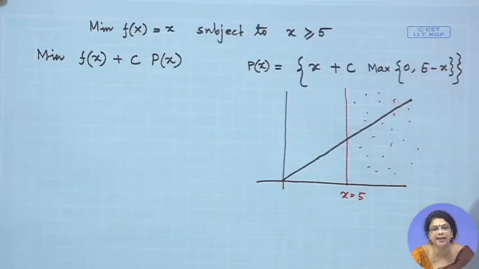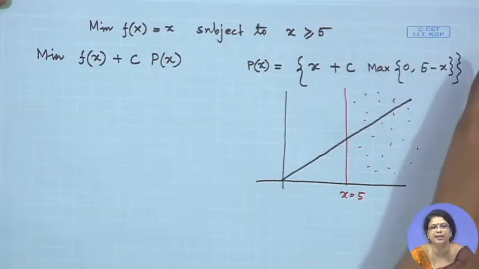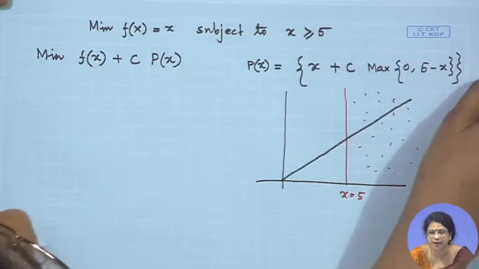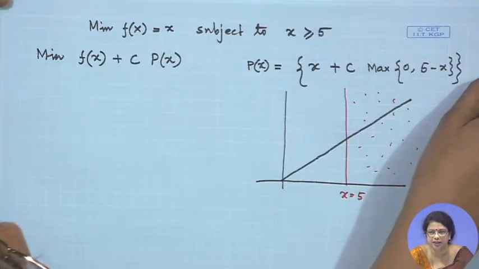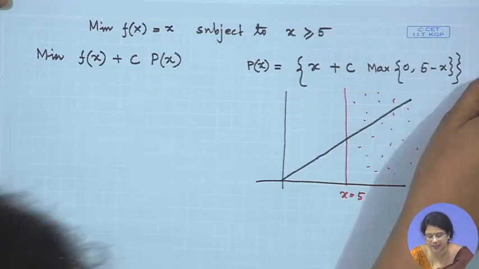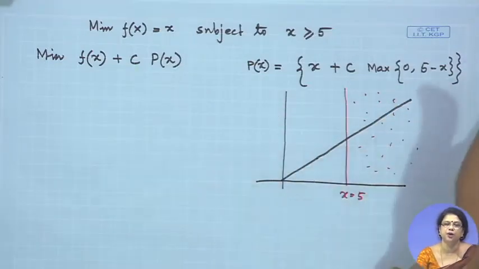If x is equal to 4, then the value of p(x) would be max of 0 and 5 minus x, that means 1. If the value of x is 3, then the penalty value would be 2. That means if we are approaching far from the feasible space, the penalty value is increasing. This way we can consider a penalty function.